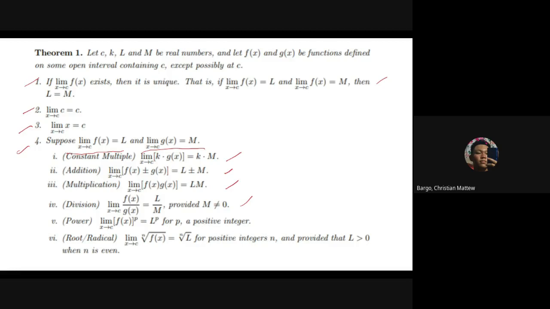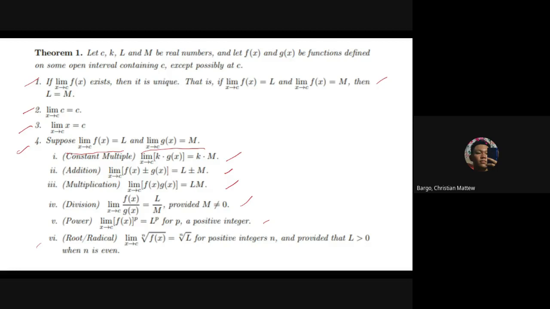because it will make our limit undefined. Power: the limit of f of x raised to the power of p as x approaches c is equal to L raised to the power of p, for p a positive integer. And for the root, the radical, the limit of the nth root of f of x as x approaches c is equal to the nth root of L for positive integers only, provided that L must be greater than 0 and n is an even number.